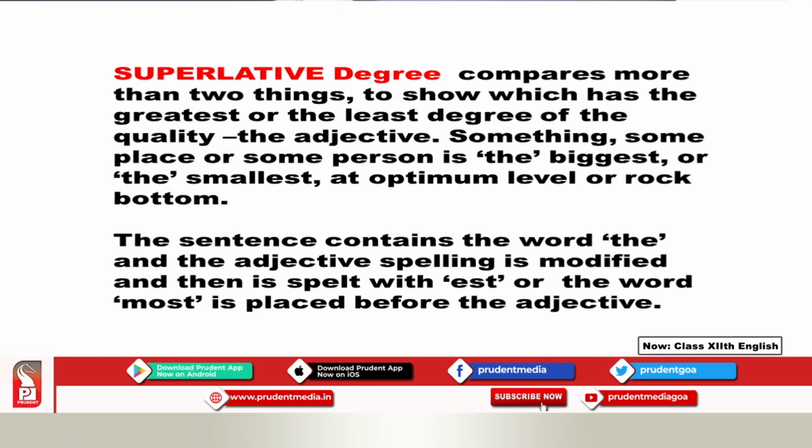Something, some place or some person is the biggest or the smallest at optimum level or at rock bottom. The sentence contains the word the, and the adjective spelling is modified and then is spelt with EST, or the word most is placed before the adjective.